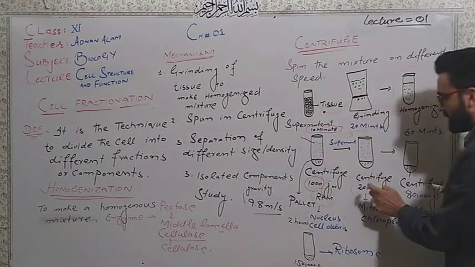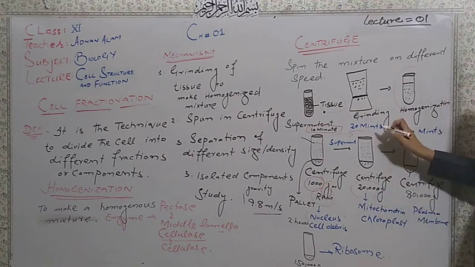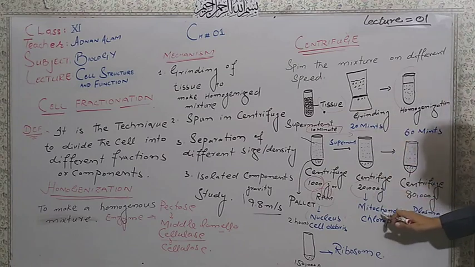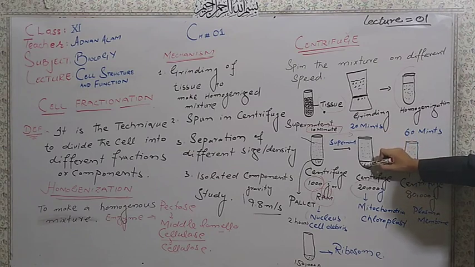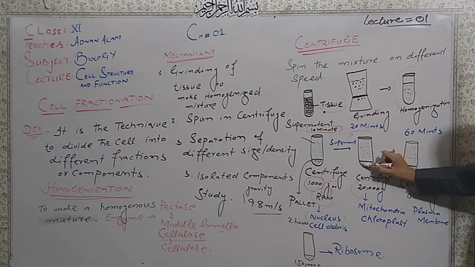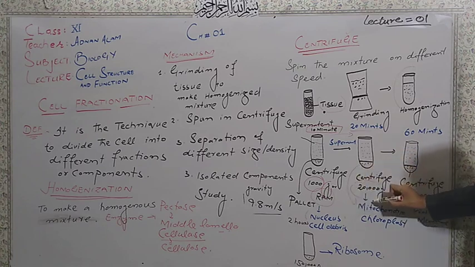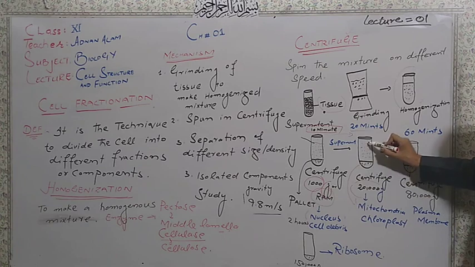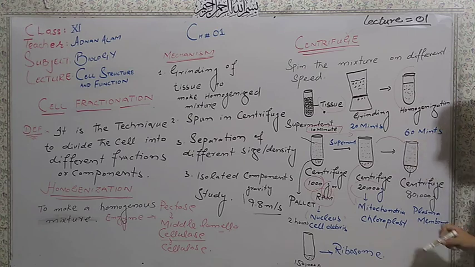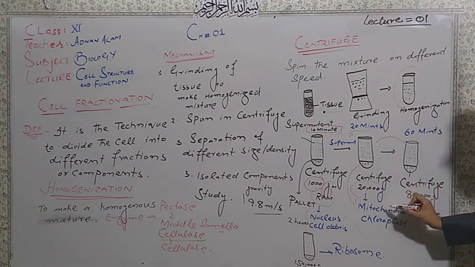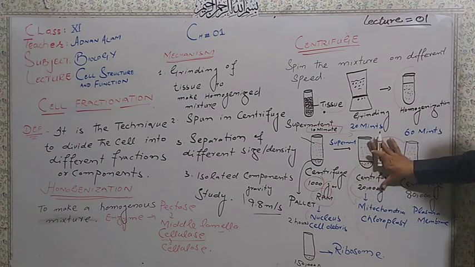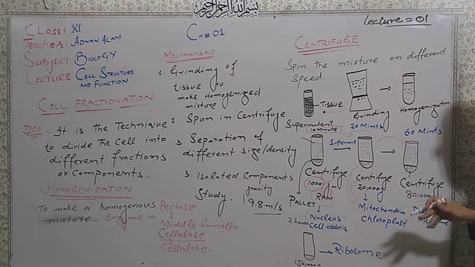It was spun at 20,000 G, and mitochondria and chloroplast-like organelles settle down in the pellet, and we isolate these organelles from the pellet, and the next supernatant solution is transferred to another test tube. If we desire to study the mitochondria and chloroplast, then up to here our process is completed.